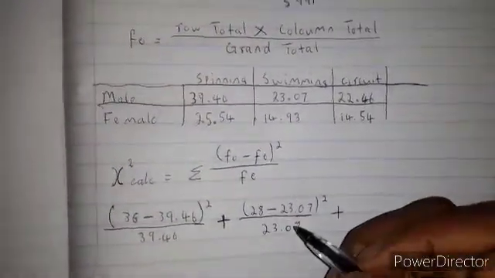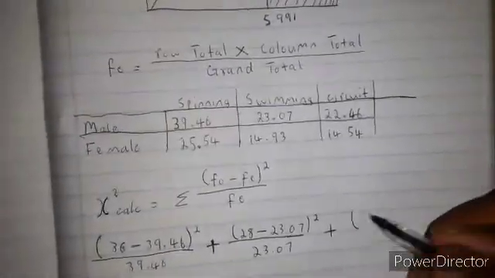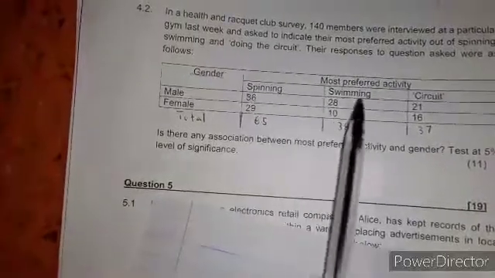Plus, what is the observed frequency of the circuit on the male row?